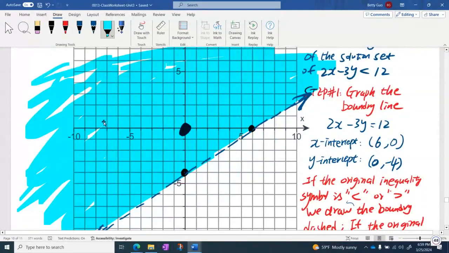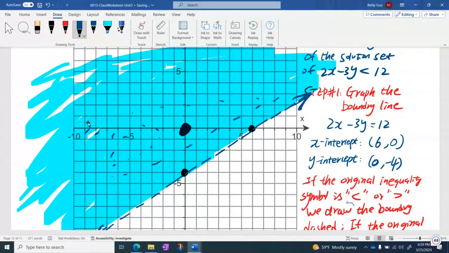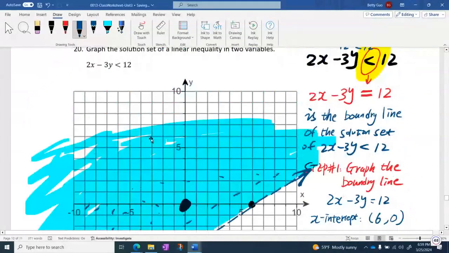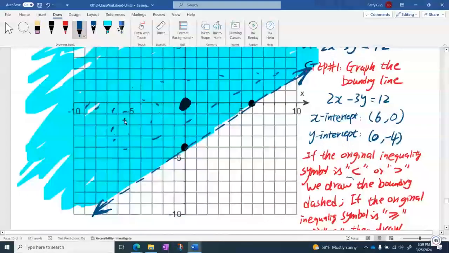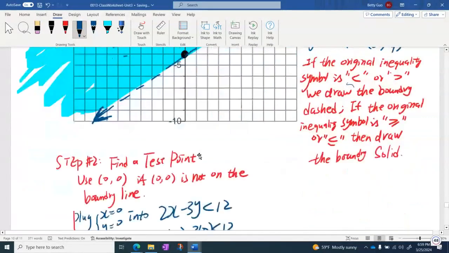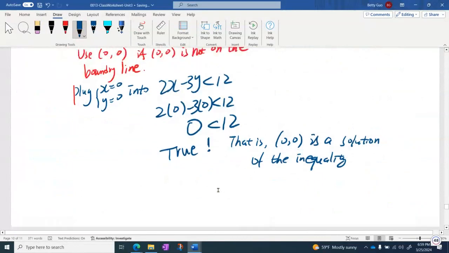So the whole plane, all the points above the boundary line, not including the points on the boundary because it's dashed, make the shaded region, and that region represents the solution set. All the points in the region are solutions of the inequality. And at this point, we are done with this question.